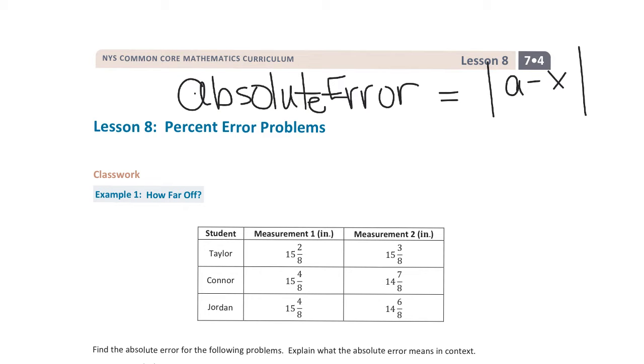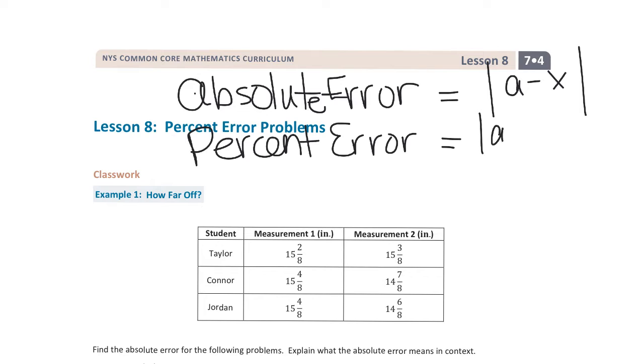If you are asked to find the percent error, your formula is the absolute value of a minus x over the absolute value of x times 100. Now at this point you might be asking, what is a and what is x?